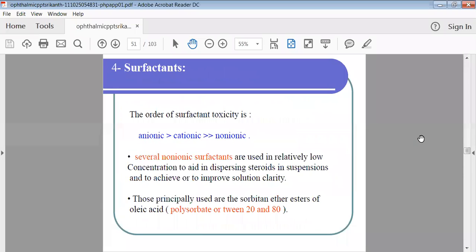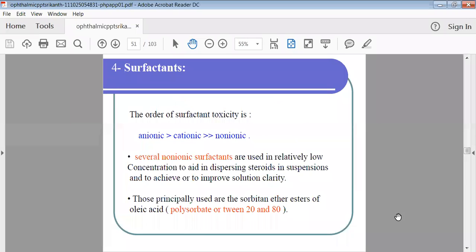Then surface acting agents. Generally, we use a surface acting agent to increase the solubility of your drug. So many times we may need to add surface acting agents, especially when we are preparing solutions as well as when we are preparing suspensions. At that time we also require the surface acting agent as a wetting agent.